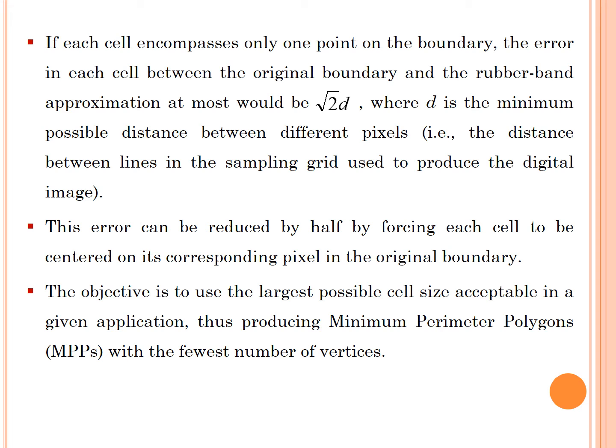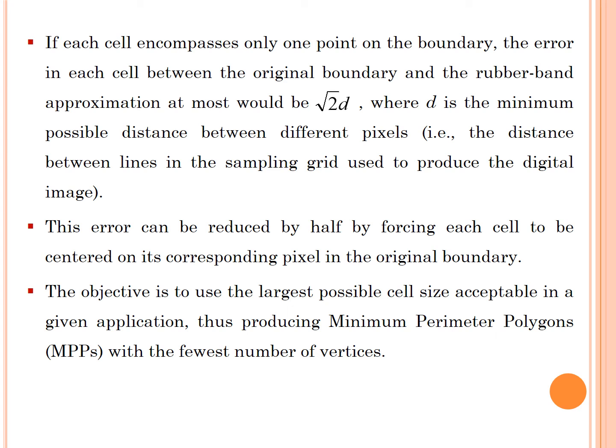If each cell encompasses only one point on the boundary, the error in each cell between the original boundary and the rubber band approximation would be at most square root of 2 times d, where d is the minimum possible distance between different pixels, that is, the distance between lines in the sampling grid used to produce the digital image.